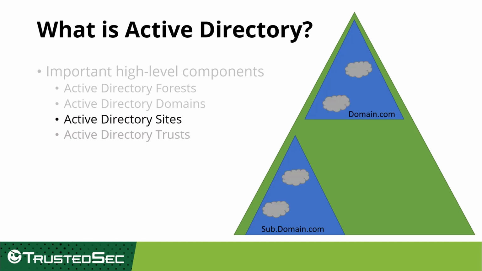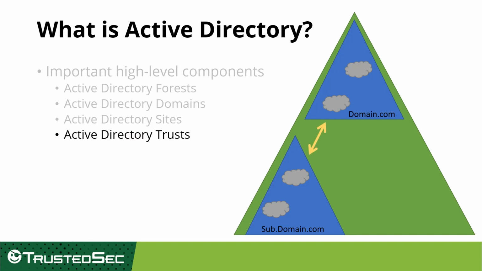Active Directory sites is something that lives within the domain, and when defined, it tells Active Directory how to handle replication and logons. What you're essentially doing is telling Active Directory how the network is linked together by defining the different sites.